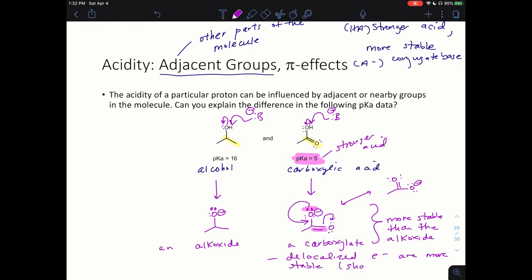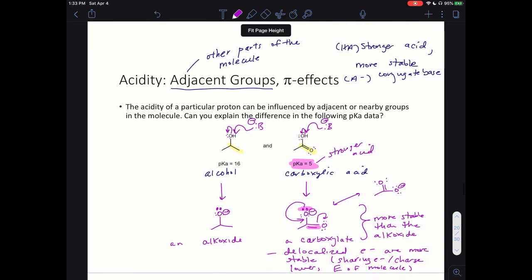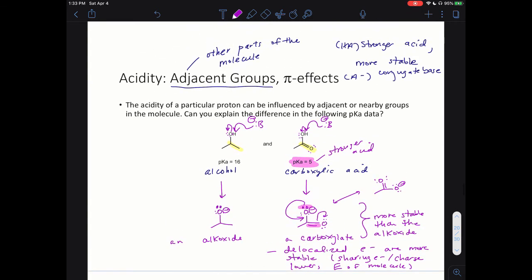Sharing the electrons and charge lowers the energy of the molecule. More stable conjugate base, stronger acid. So you want to look for resonance structures, delocalization of charges, as a stabilizing factor in conjugate bases. And the resonance structures, these are pi effects. They involve moving pi bonds.